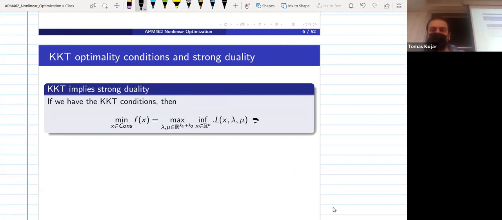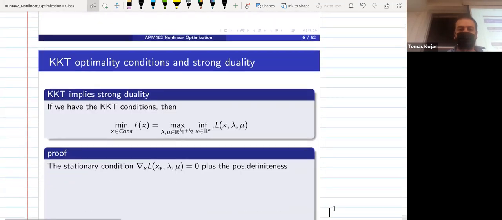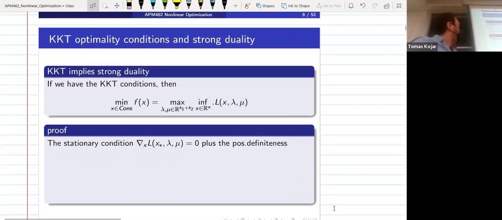So this is the maximum of g(lambda). Right. So p star is equal to d star, strong duality. All right. So let's prove that again. Because it was rushed. So one of the KKT conditions is that the gradient of the Lagrangian is 0. Okay.